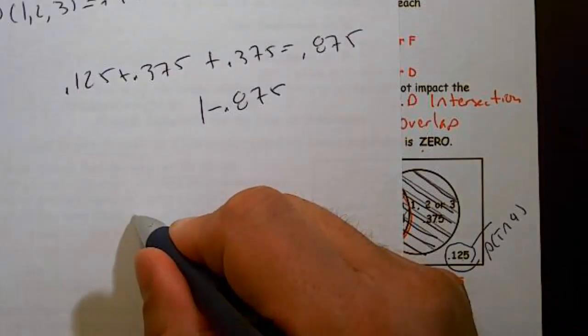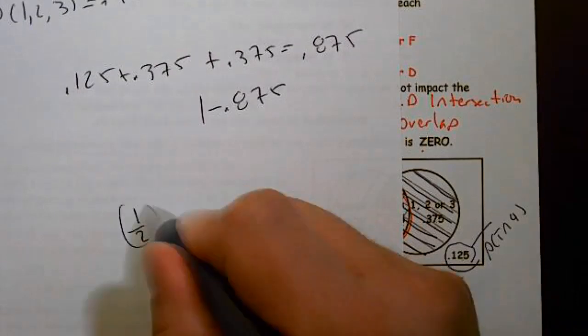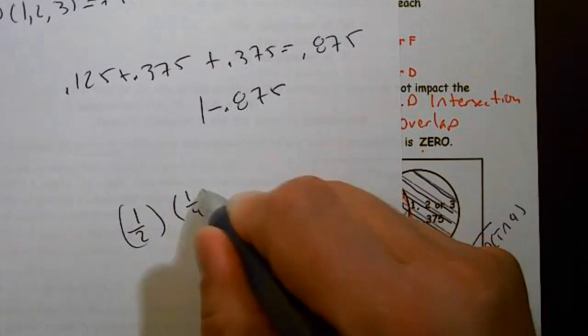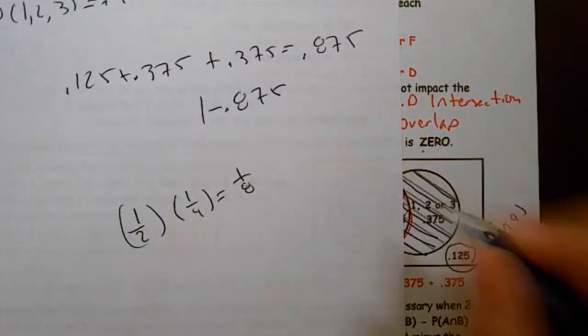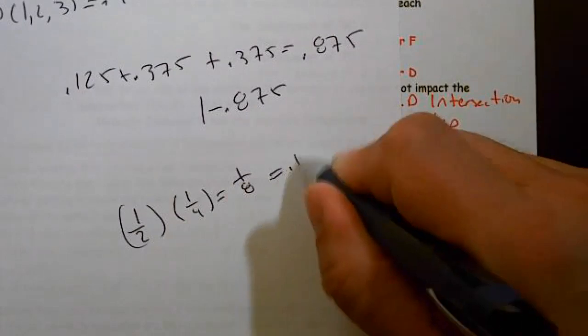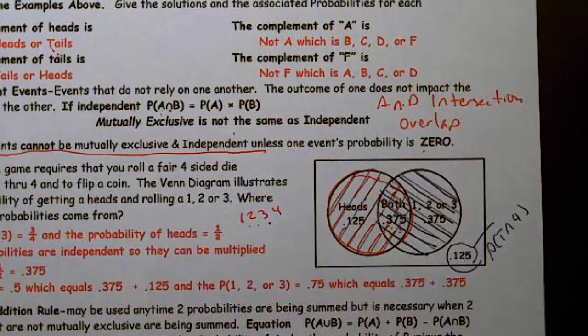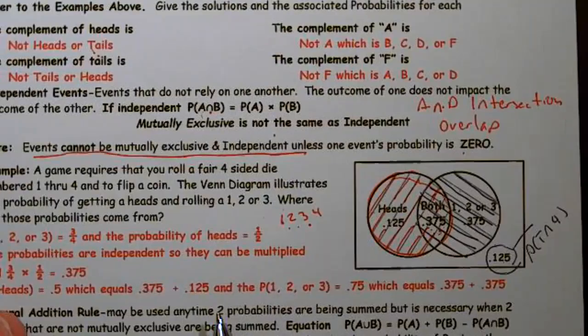Let's try that out. What's the probability of a tails? 1/2. What's the probability of a 4? 1 out of 4. That's 1/8, which happens to be 0.125.